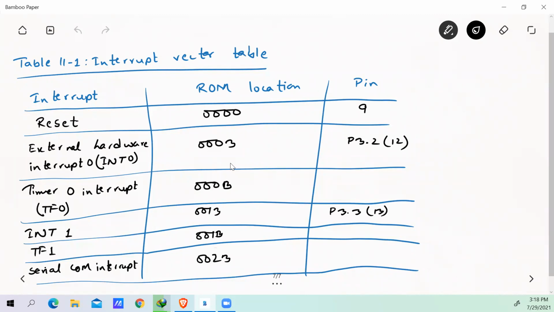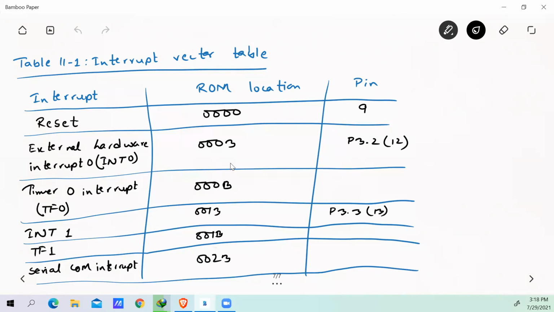It will jump to this location, that is 0000. Definitely in this ROM location, you have certain instructions that are executed by the microcontroller. So what are those instructions? Those instructions are whatever you just said, that make all the pins high or low. All these things are written from this address onwards. Have you understood now? Yes, sir.